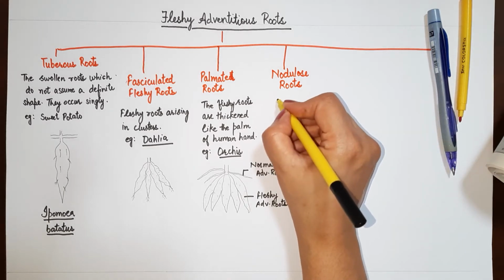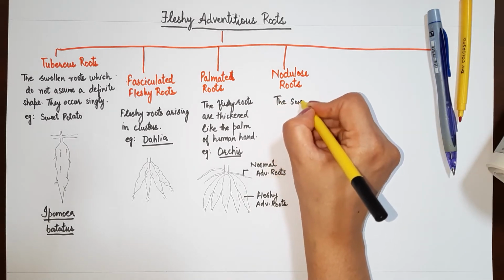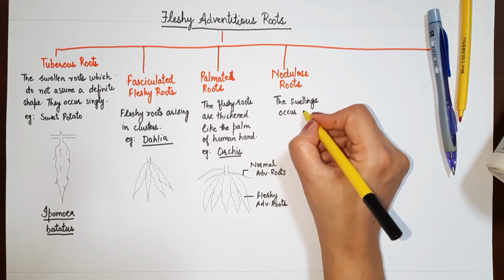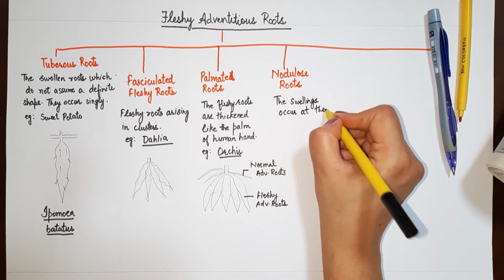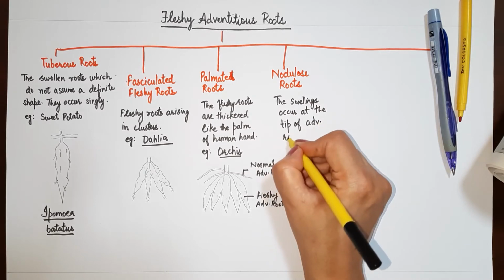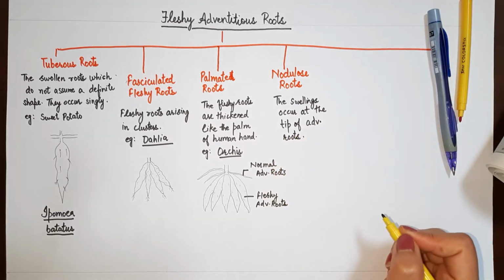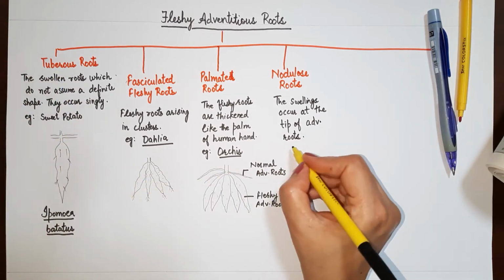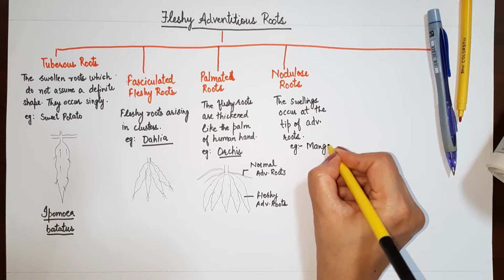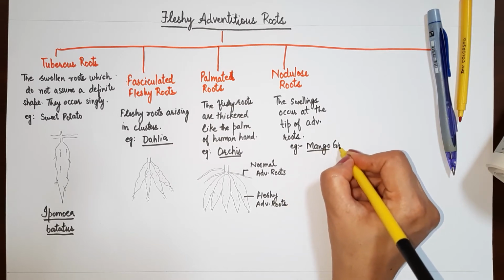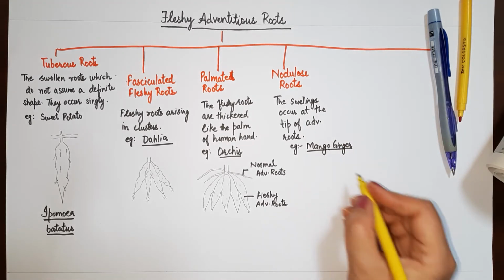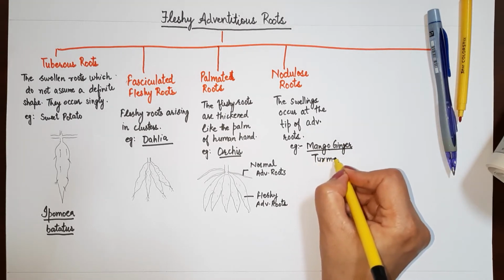So in these roots, the swellings occur at the tips of adventitious roots. And in this case, example is mango ginger. It's a variety of ginger, mango ginger. These are not separate names, okay? And another example, the common one, turmeric.